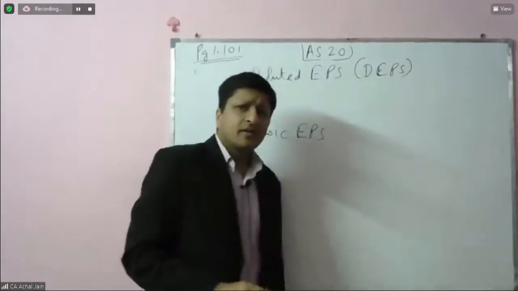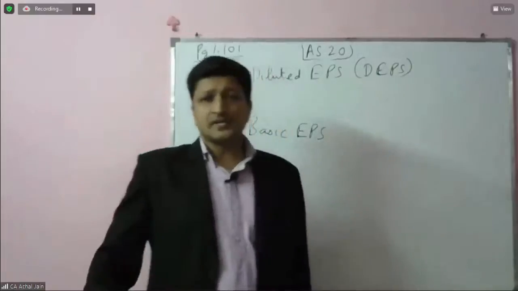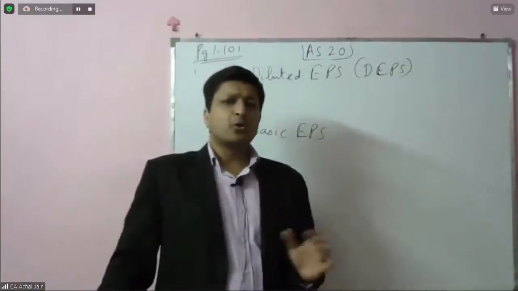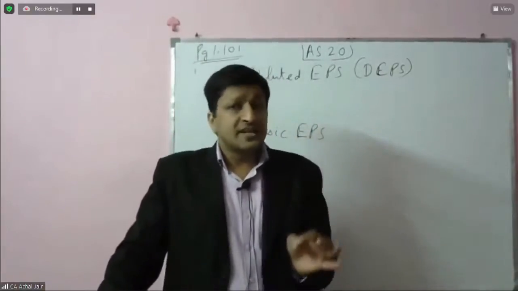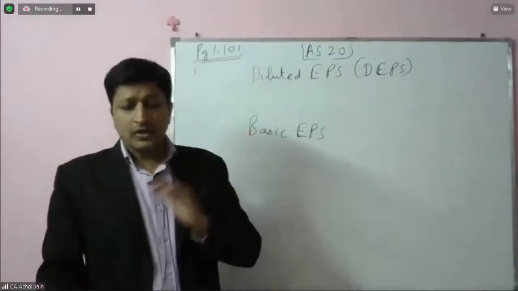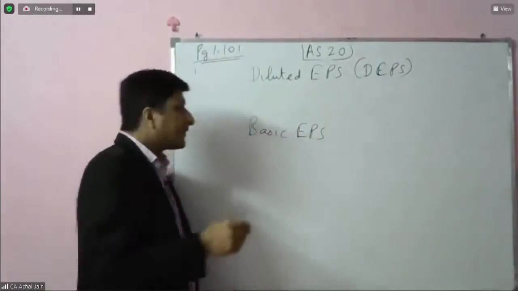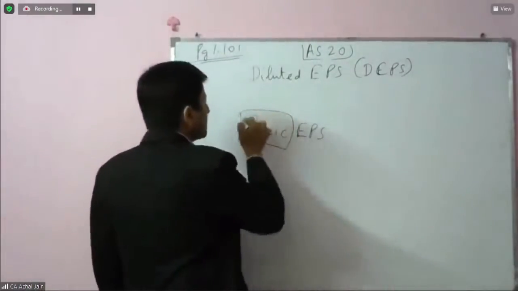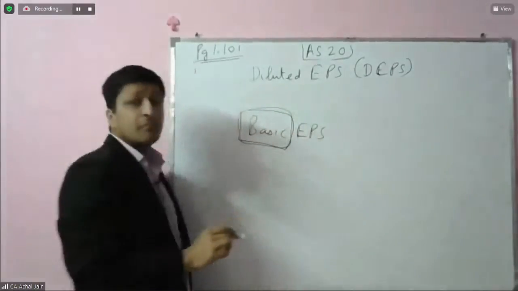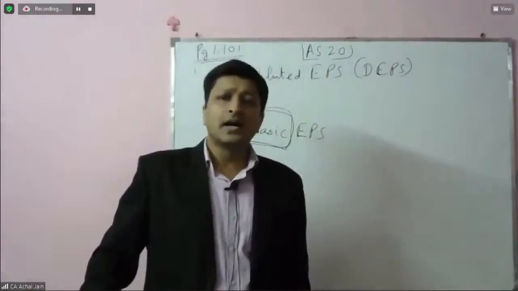So far we did not discuss what type of EPS it is, whether it is basic or diluted. So that's why I'm just clarifying. If you want to note down, you can make this cutoff: all the discussions that we have had so far were in relation to the basic EPS, means the EPS that we had computed was called basic earning per share.